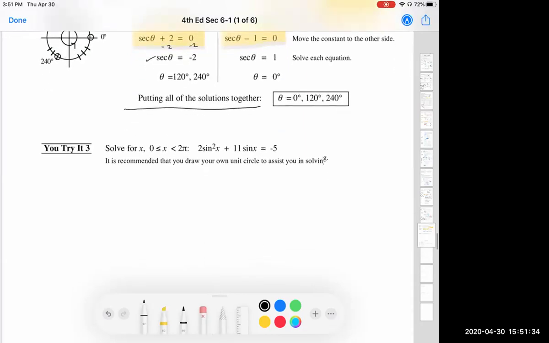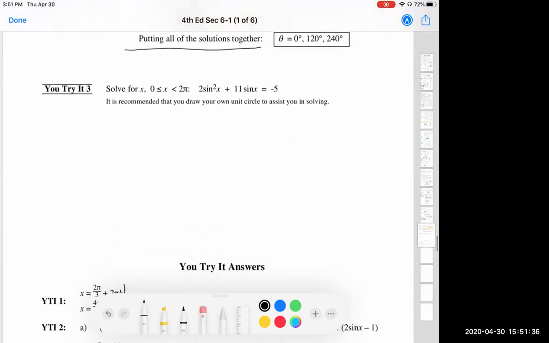All right, let's do you try it 3. I'll have you actually try it. I'll give you about 3 minutes because I know these are different and they're kind of weird. Now, as you work through this one, you work with a quadratic. Whenever you work with a quadratic, you first have to set it equal to 0. So let's do that first part. Let's add 5 to both sides.